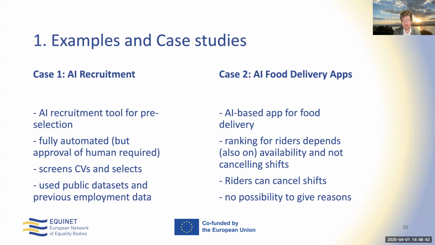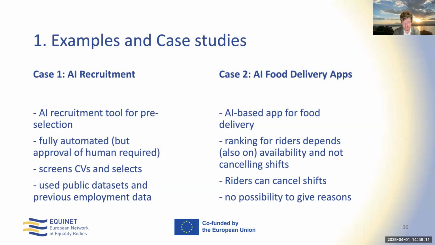The second case is on AI food delivery apps. You have an AI-based app for food delivery, so if you want to order a pizza or another dish, it comes to your home. The application ranks all those who provide the food in accordance with their availability, their reliability, and so on. The important thing to know is that if you cancel a shift, you're ranked lower, and that impacts the way you make money.